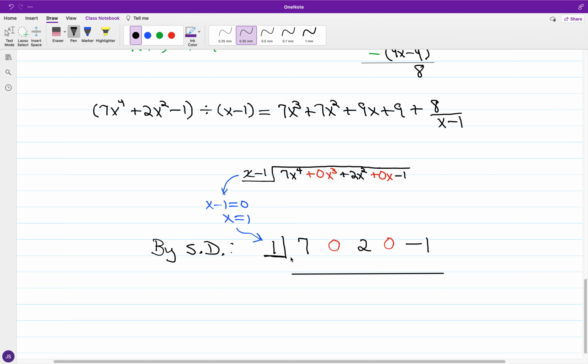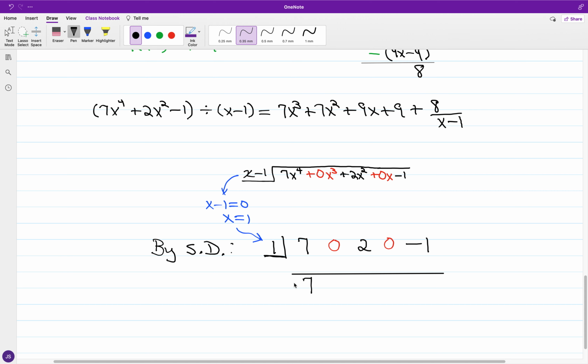So in terms of initiating the process with synthetic division, we have the leading coefficient from the dividend, which is 7, referring to 7x to the 4th. Whatever the leading coefficient is, this is going to be brought down and multiplied by the 0 of the divisor, which we have at 1.